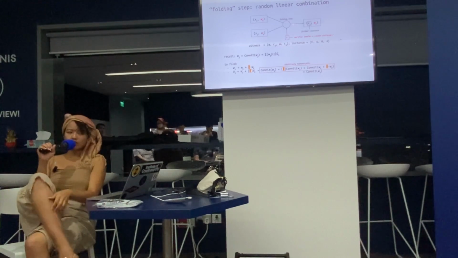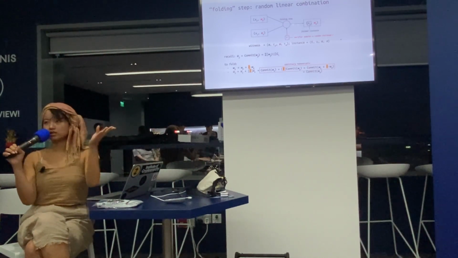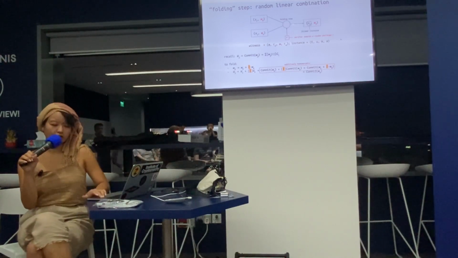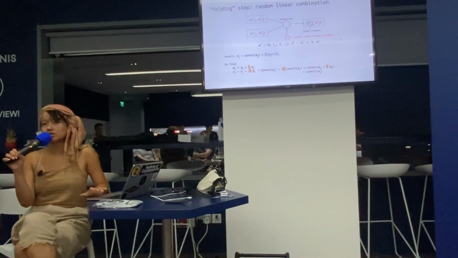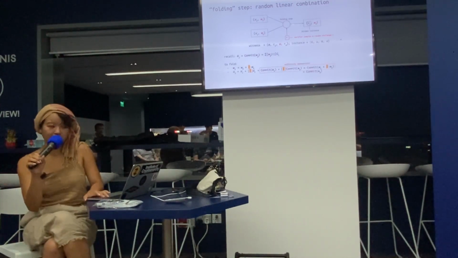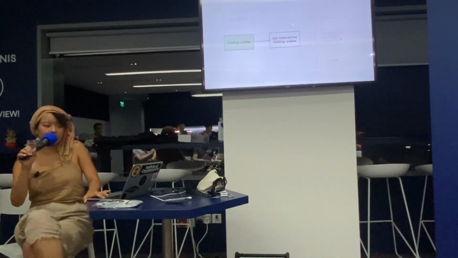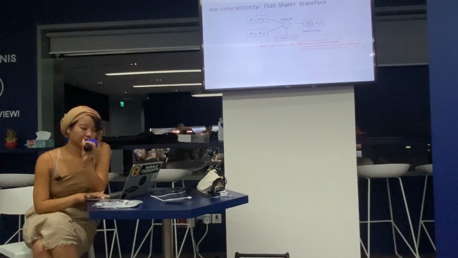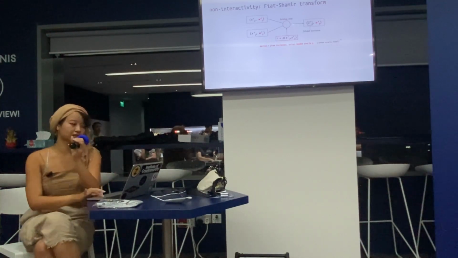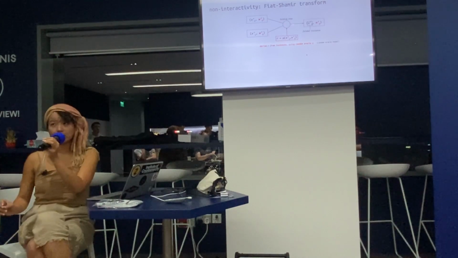So now, one way to get this randomness is to ask the verifier to send it to you. But in the real world, that will require the verifier to be online at every step, which is too annoying. And the only way to realize this is to make it non-interactive. So the intuition here is that the prover derives this randomness from the very inputs that he's trying to linearly combine.